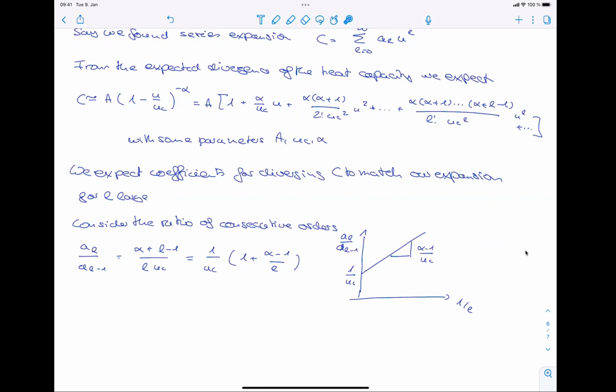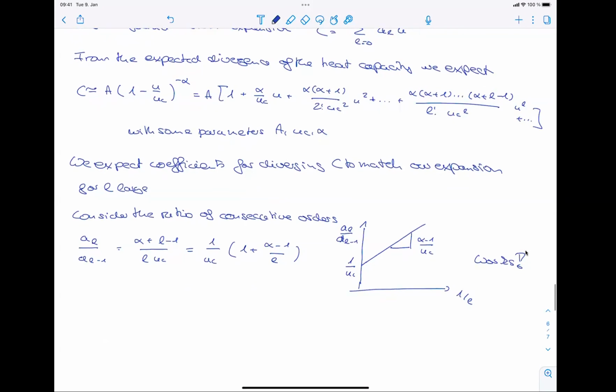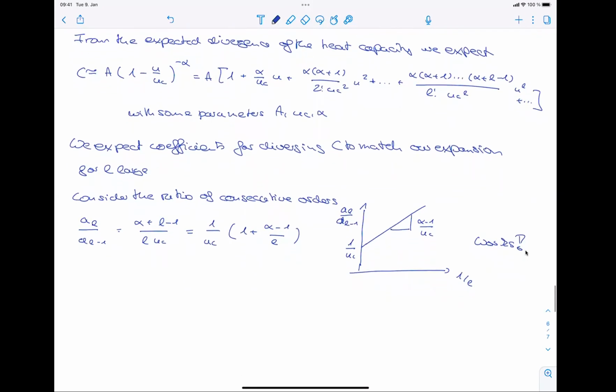And then if I can fit a straight line to it, I find both my critical parameter as well as my critical exponent. And this is indeed what people did. It does work.